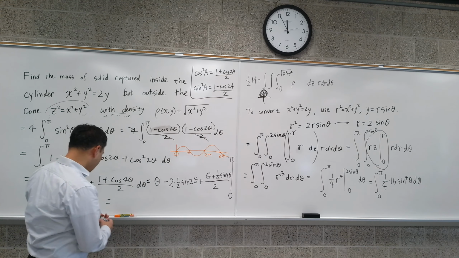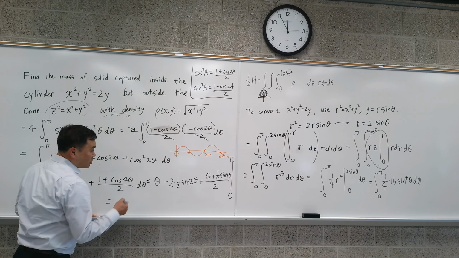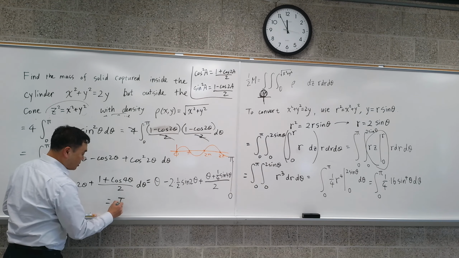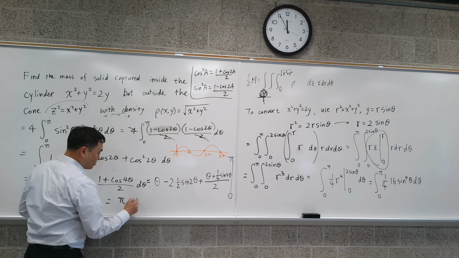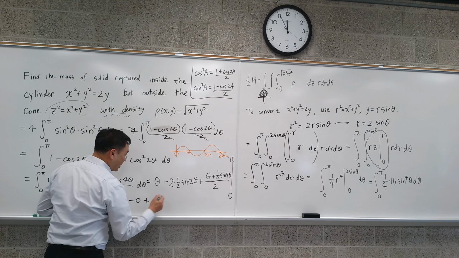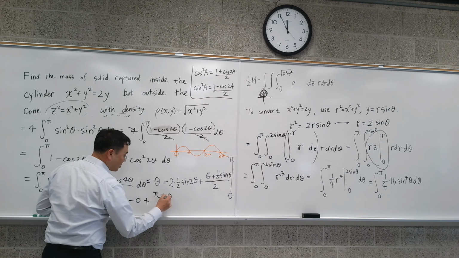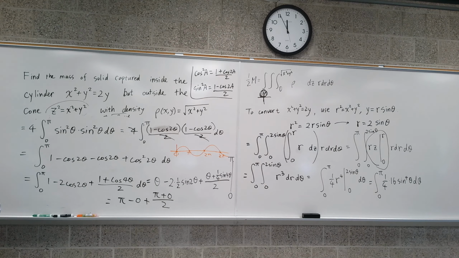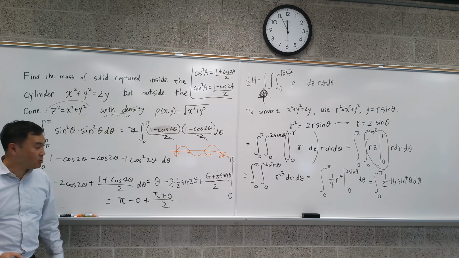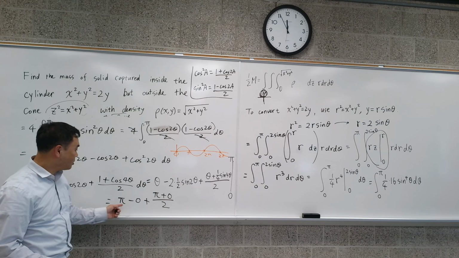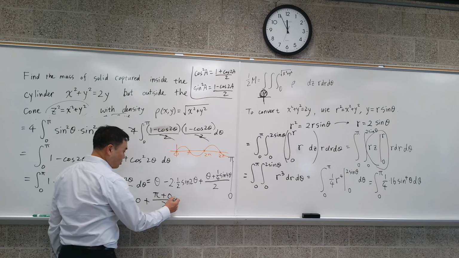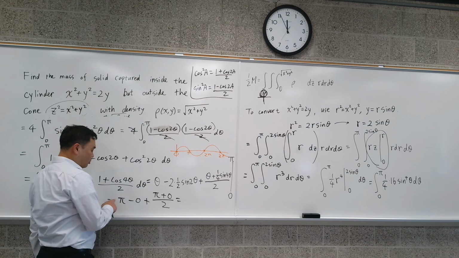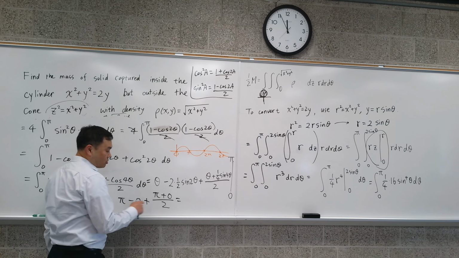So that's going to give you pi here. This will be 0. This will be pi plus 0 over 2, right? And then when you plug in 0, everything is 0. Sine 0 is 0, and everything is 0. So finally, you can rewrite this as 2 pi over 2.